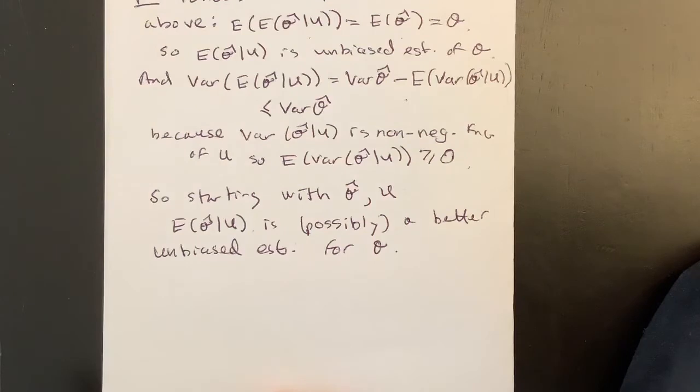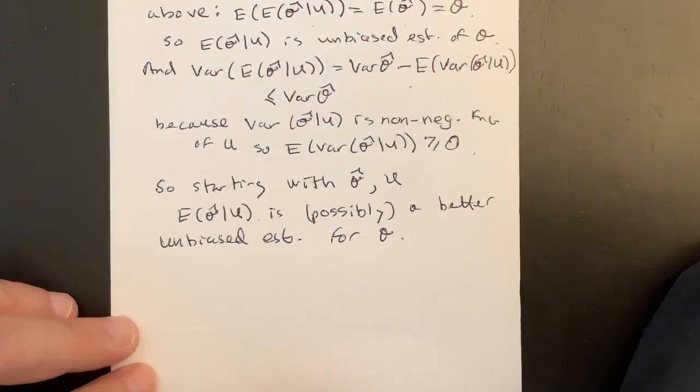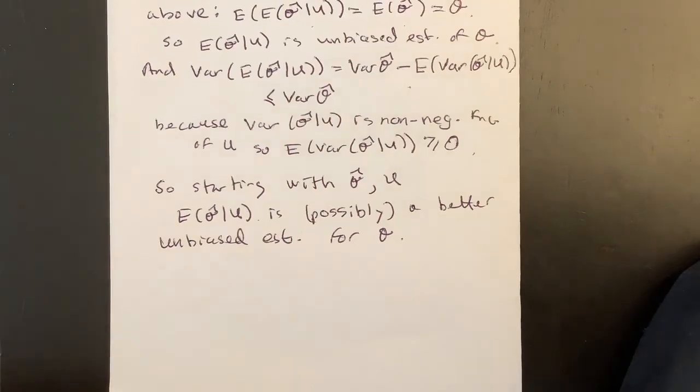One thing you should check is that if you have a function of u and you take the expected value of it given u, you just get that function back. In other words, if I asked what's E of g of x given x, your answer should be just g of x.